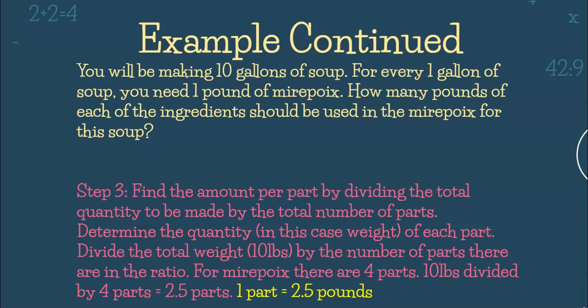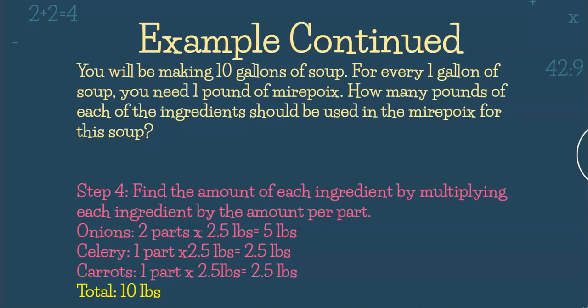So you're going to take the total weight, 10 pounds of mirepoix, and divide that by the 4 parts, because there are 4 parts in your mirepoix. When I divide those together, I get 2.5. So 1 part is equivalent to 2.5 pounds. Again, if you have any questions, ask your teacher.